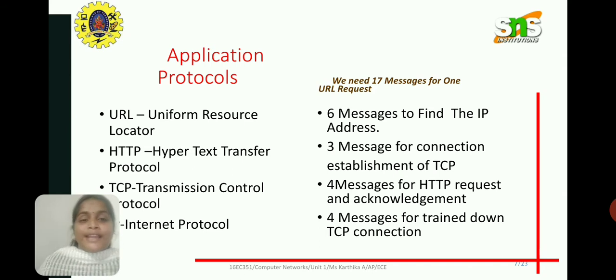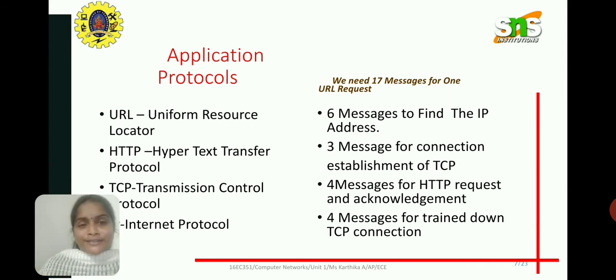Here we have some application protocols. The first one is URL, the second is HTTP, the third is TCP, and the fourth is IP, the Internet Protocol. URL is Uniform Resource Locator, HTTP is Hypertext Transfer Protocol, and TCP is Transmission Control Protocol. It controls the transmission and the overall network connectivity.